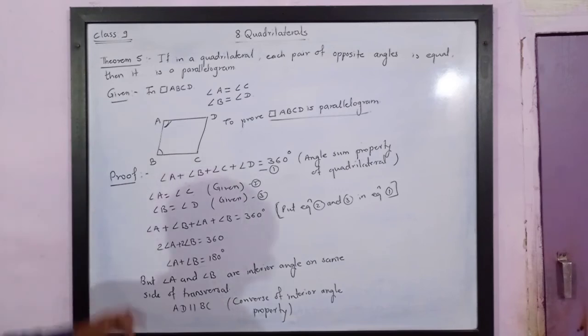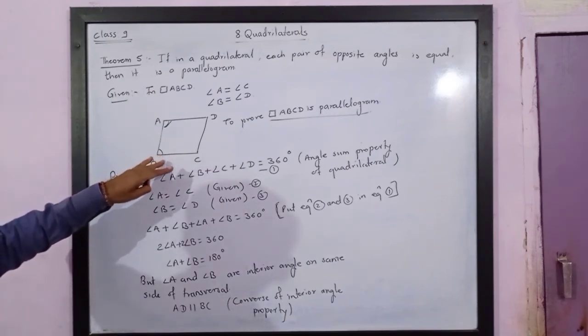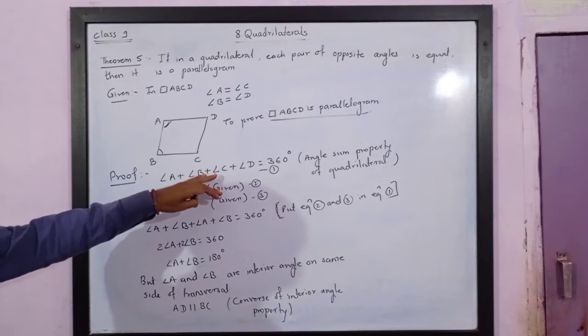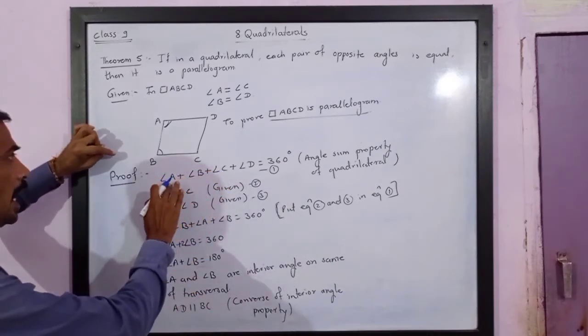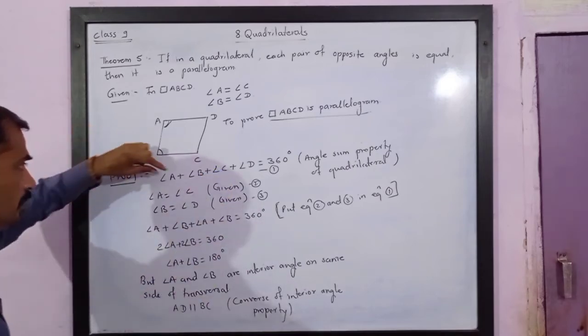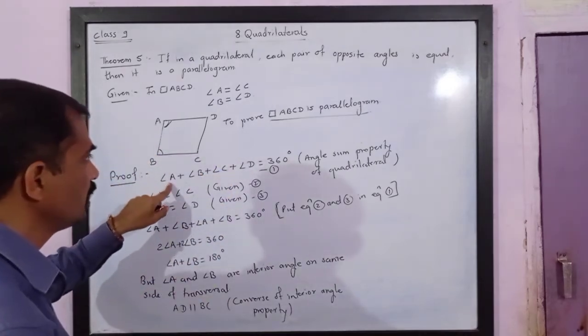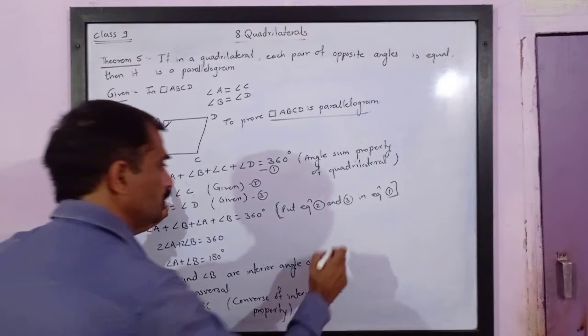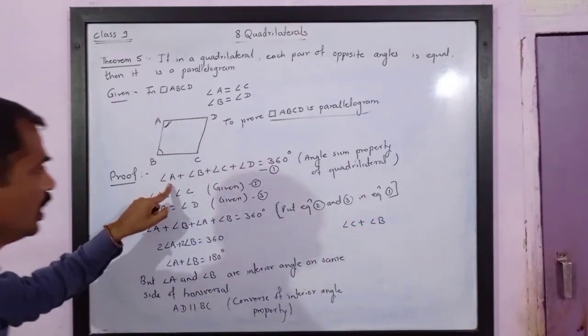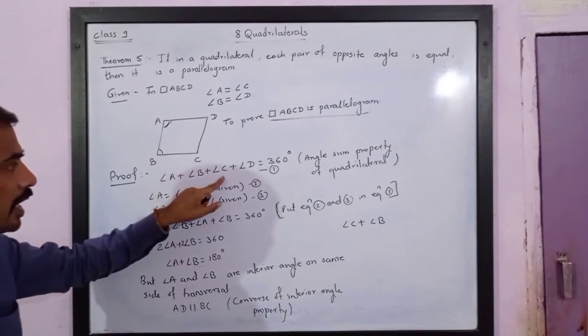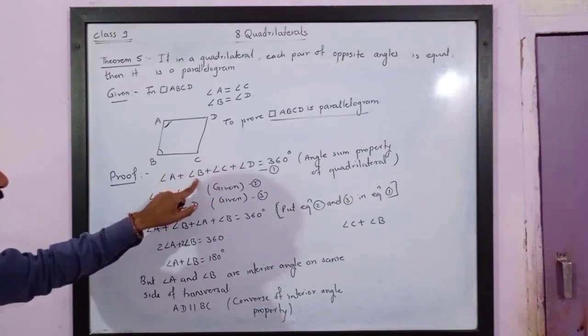Now see, instead of angle A, if you put angle C, I will get angle C plus angle B. Watch carefully. Instead of angle A, I have taken angle C. B I have kept as it is.